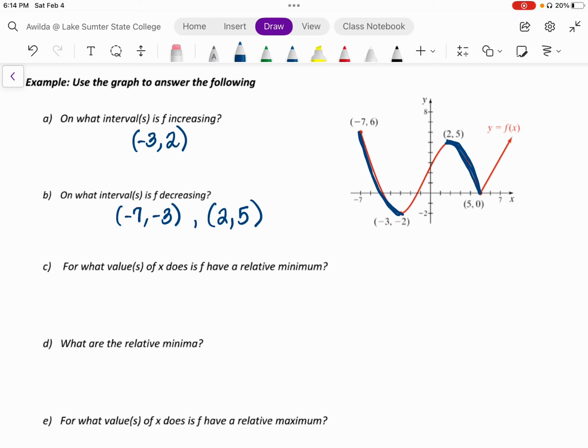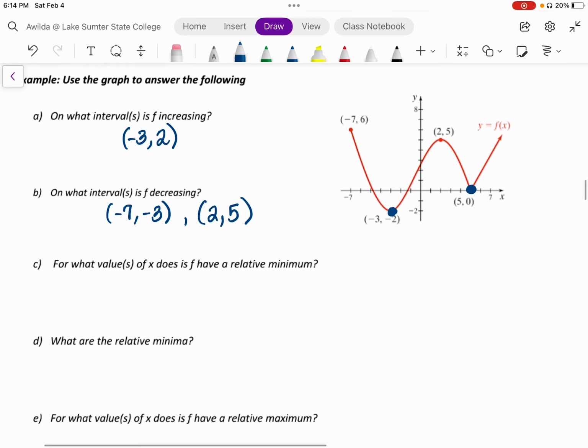Third question, for what values does f have a relative minimum? A relative minimum happens in a valley. Let me erase here. I see a valley right there and one right there.